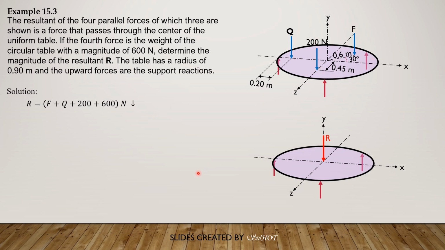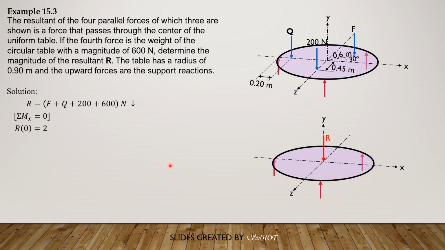So first, we sum up moments about the x-axis equals 0, so Q is not involved. So 200 is positive by right thumb rule, F is negative by right thumb rule. And we don't care about the weight because it passes through the x-axis, it has no moment. Also, the moment of the resultant is 0 about the x-axis.